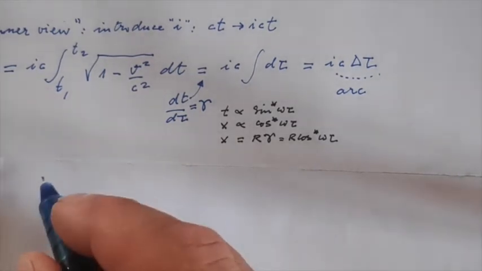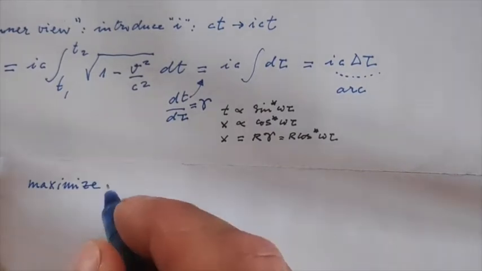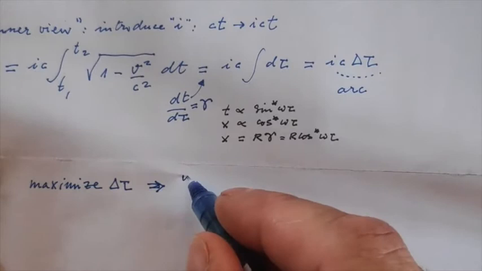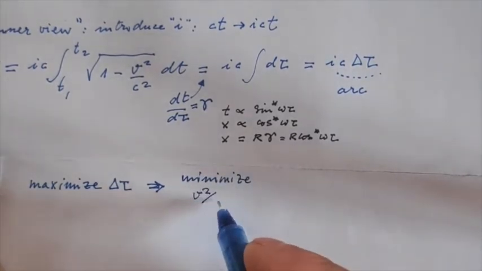Then, the principle of most proper time states that among all possible paths between the 2 points on the plane, the real trajectory is the one that maximizes delta tau, which implies, in this previous expression, minimizing the term v squared over c squared.